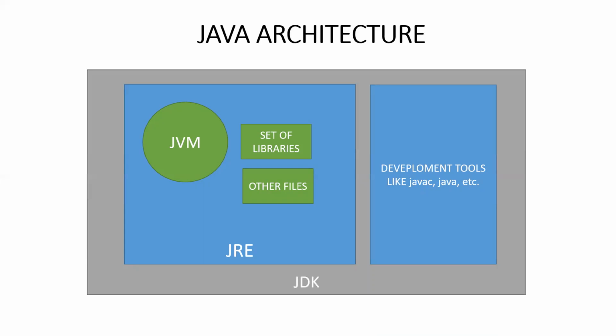You can use different tools like your compiler, interpreter, and your runtime environment, that is your JRE. So you can easily access the different files that are inbuilt in Java. You can easily create some programs, compile them, and execute them accordingly.